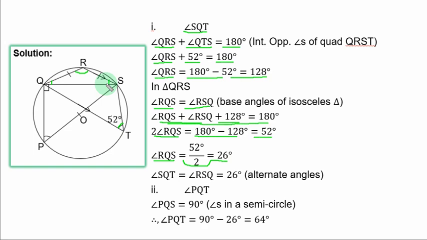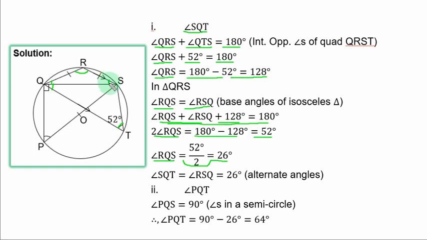Now let us check SQT. You are asked to find SQT. That is S, you have Q and T. We have it that angle SQT, this angle, is equal to RSQ, this angle that you have here.